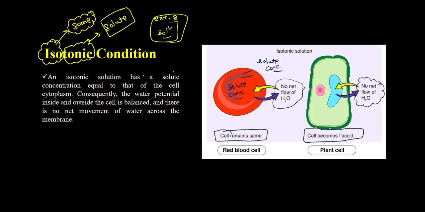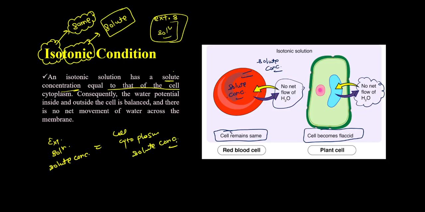An isotonic solution has a solute concentration equal to that of the cell cytoplasm. Okay, the external solution solute concentration will be equal to the cell cytoplasm solute concentration, so there will be no net flow of water.